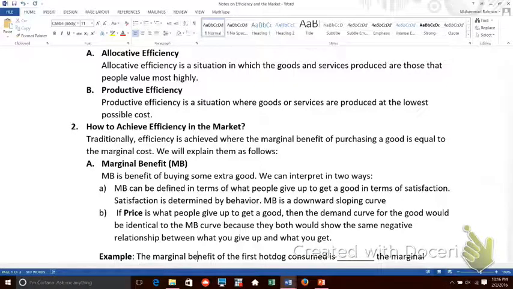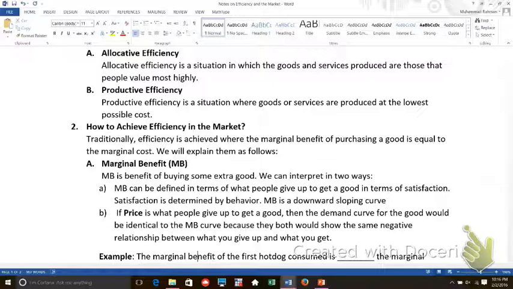The first concept that we're going to look at is called the marginal benefit. The marginal benefit, when you look at the definition, is straightforward. It is the benefit of buying some extra good. Now, what it means is that we can interpret marginal benefit in two different ways. We can define marginal benefit in terms of what people give up to get a good, in terms of satisfaction.